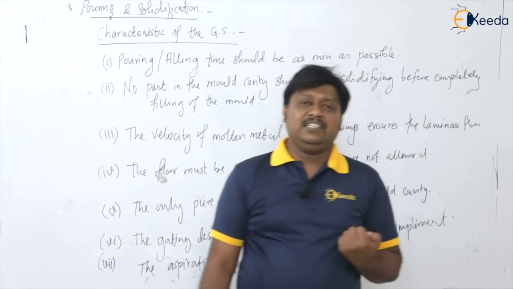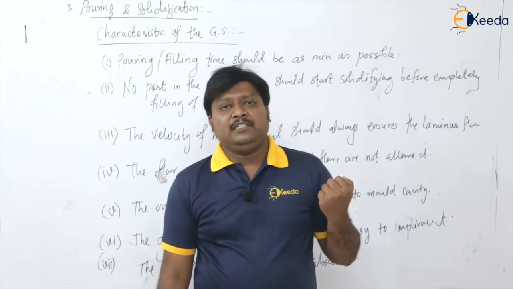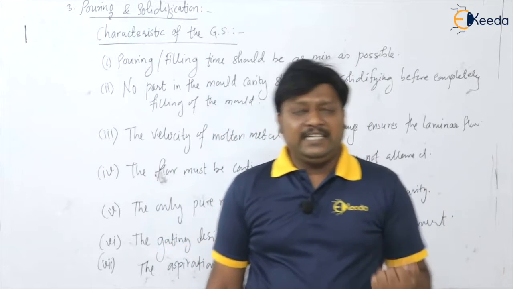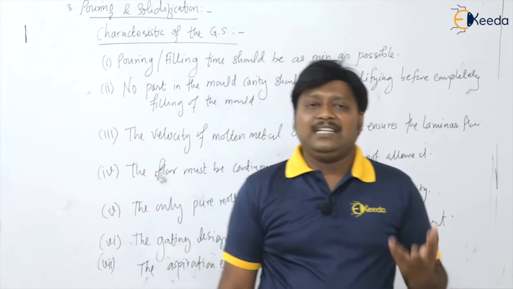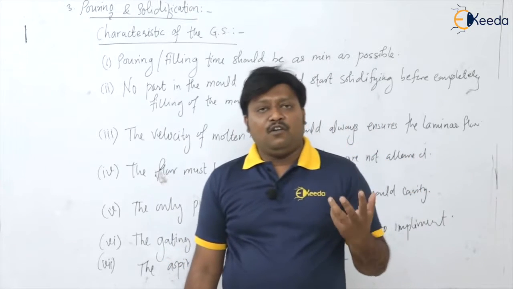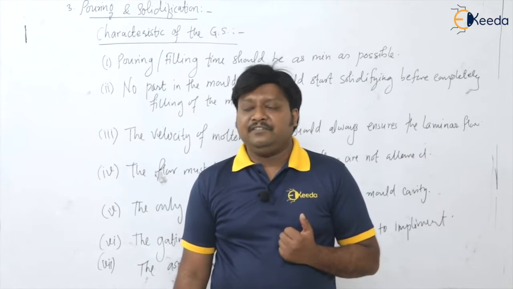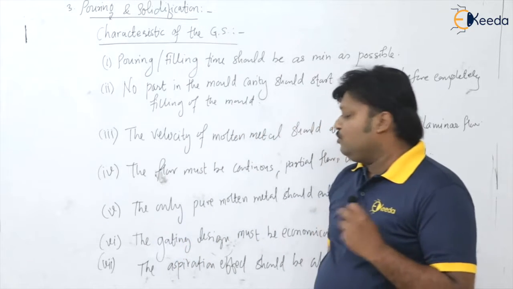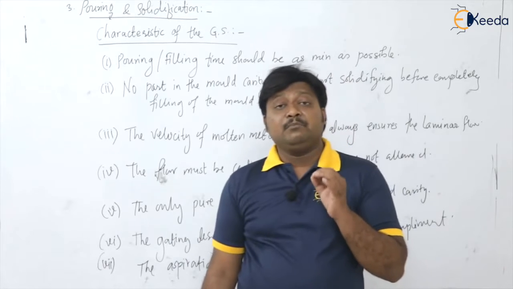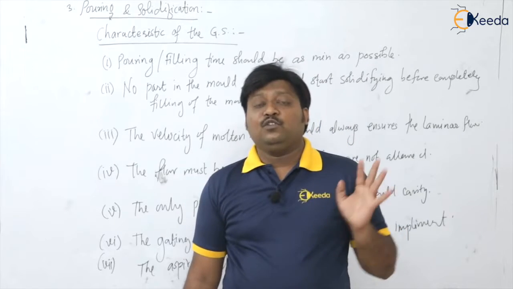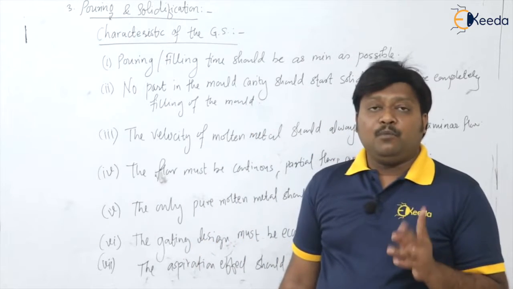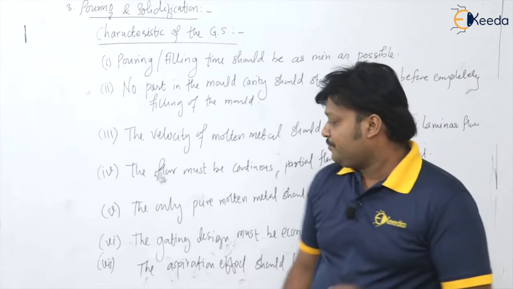Aspiration means inhalation. The air will come into the mold cavity and get entrapped, and because of that a gaseous defect may get formed in the casting, and the casting is defective. So the air aspiration should be absent. That is a very, very important characteristic we have to focus on to get a proper and good gating system.